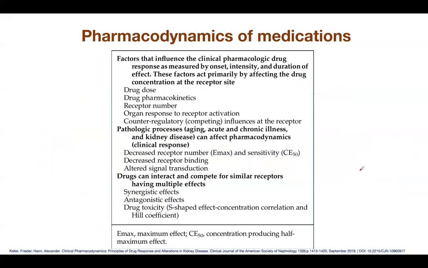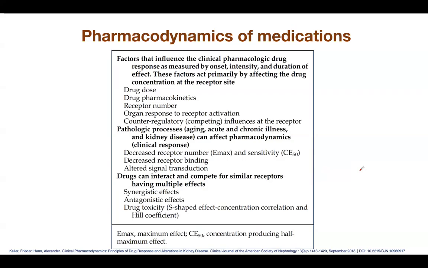So when we talk about drug dose, drug pharmacokinetics, receptor number, organ response to receptor activation, and certain counter-regulatory influences at the receptor, we need to appreciate this mechanism, and even the presence of certain pathological processes, including aging, acute or chronic illness, and kidney disease, can affect the pharmacodynamic clinical response.